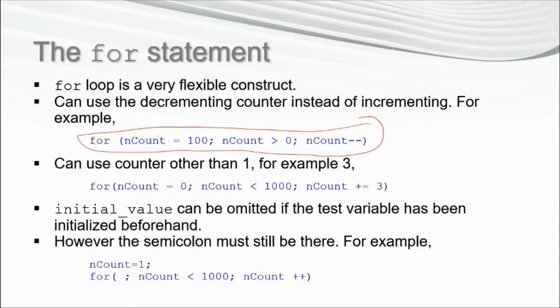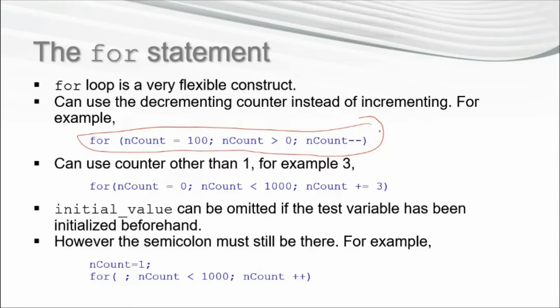Normally, what we saw in the previous session was incrementing the variable inside the for loop, but here we are decrementing it. The other way of using for is with a counter step other than 1.